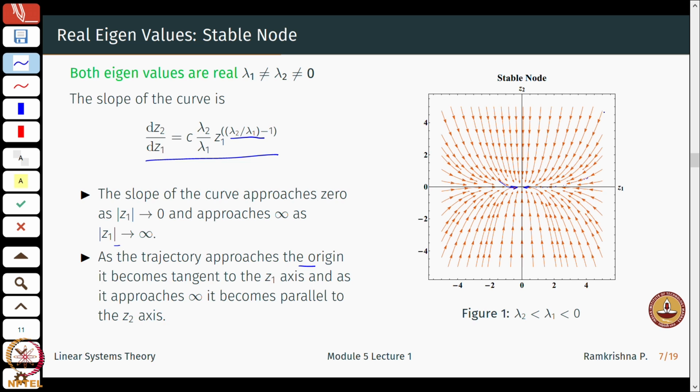And away from the origin, they will be parallel to the Z2 axis, really at infinity. The second observation is, as it approaches infinity, it becomes parallel to the Z2 axis. You can just plot this for yourself and check.